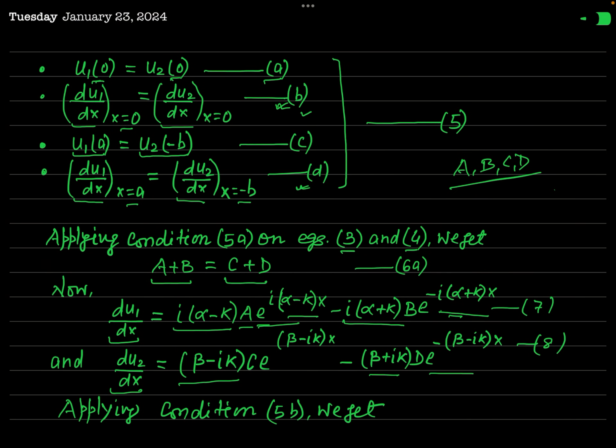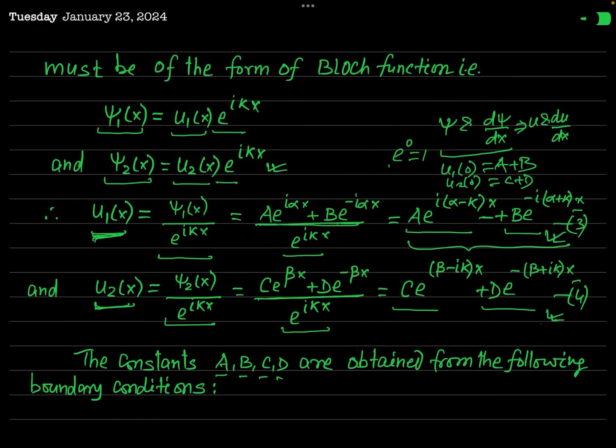Okay. Now apply the boundary condition defined in this equation 5c on equation 3 and 4. You can see this boundary condition says u1 at x equal to a and u2 at x equal to minus b are equal. So let us put x equal to a in the RHS of equation 3 and x equal to minus b in the RHS of this equation 4.